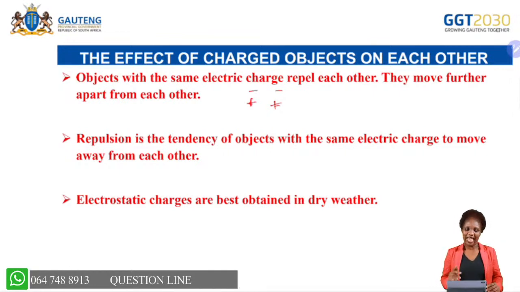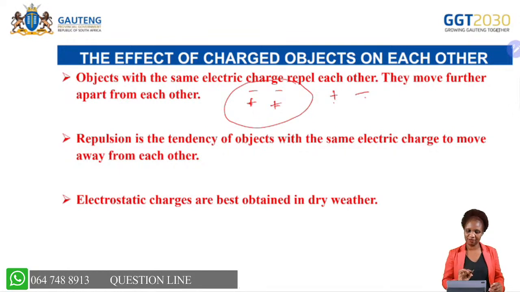They are going to push each other away. Okay. And then let's look at the unlike charges. For example, this is positive, this is negative. If you bring these two objects together, what's going to happen? They are going to attract. You see, they're different from these ones. These are like charges.